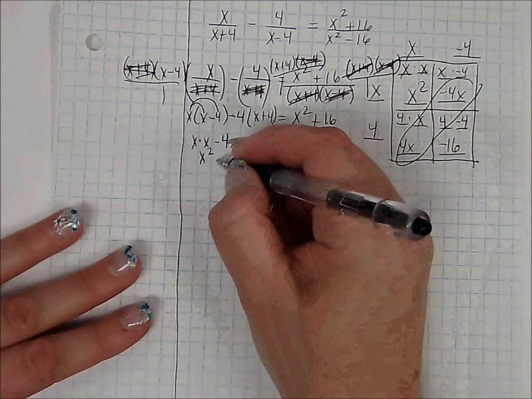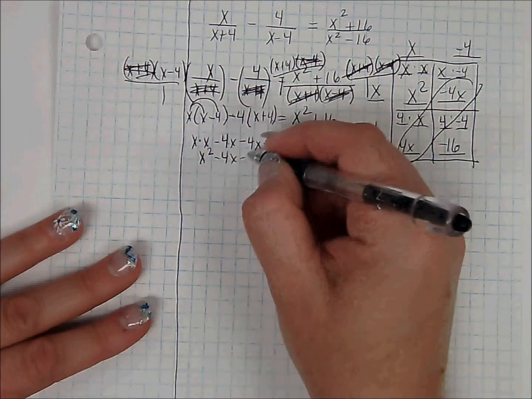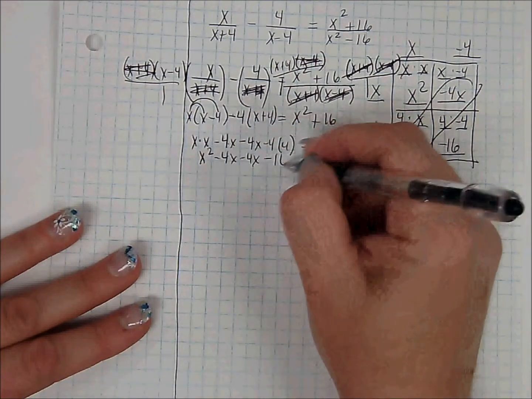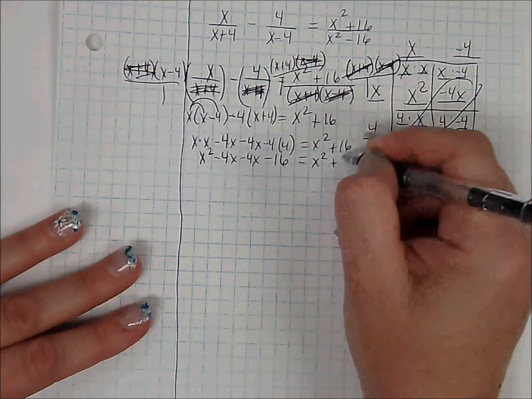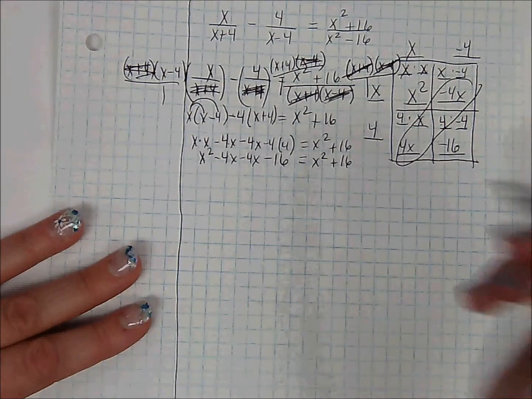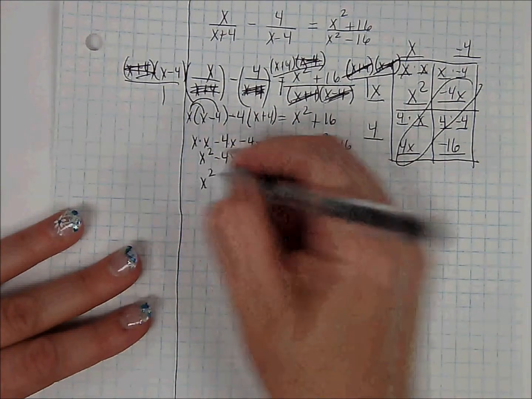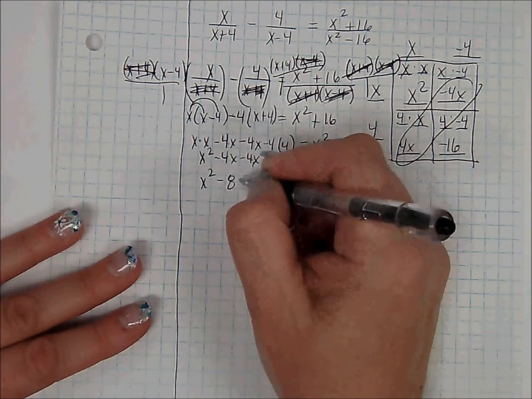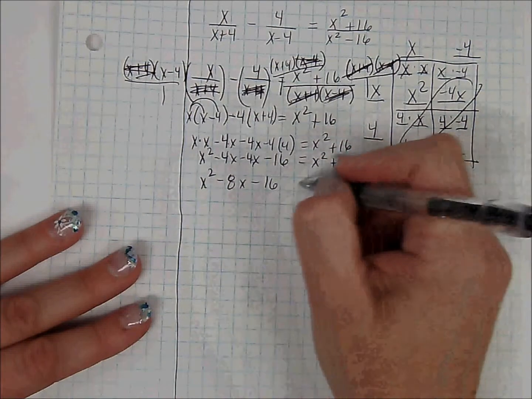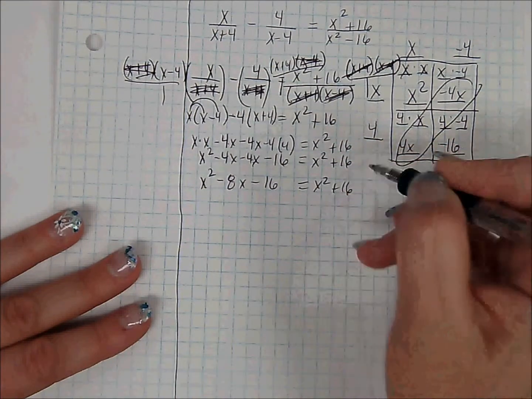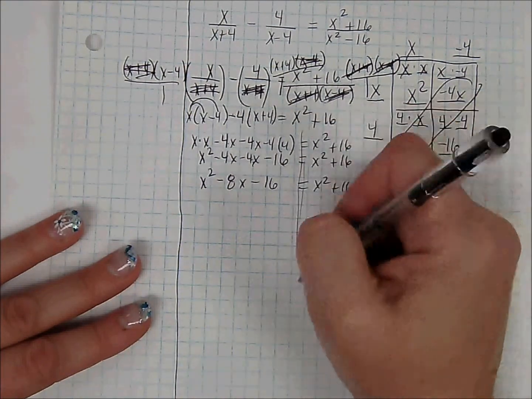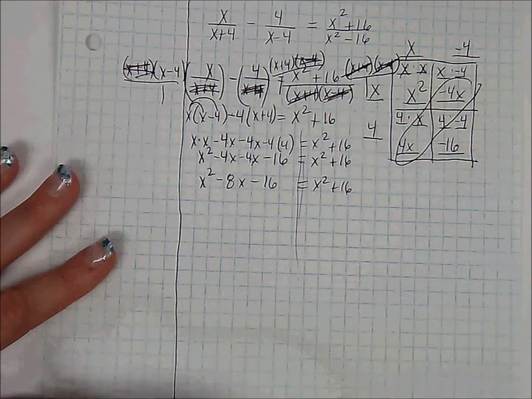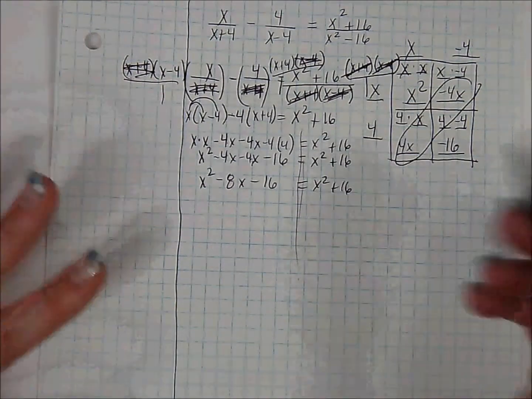This would be x squared minus 4x minus 4x minus 16 equals x squared plus 16. It looks like I add these two together, they're both negative. X squared minus 8x minus 16 equals x squared plus 16. Now we need to remember to keep our equal sign going in the same place, so we need to get the x's together on the same side.